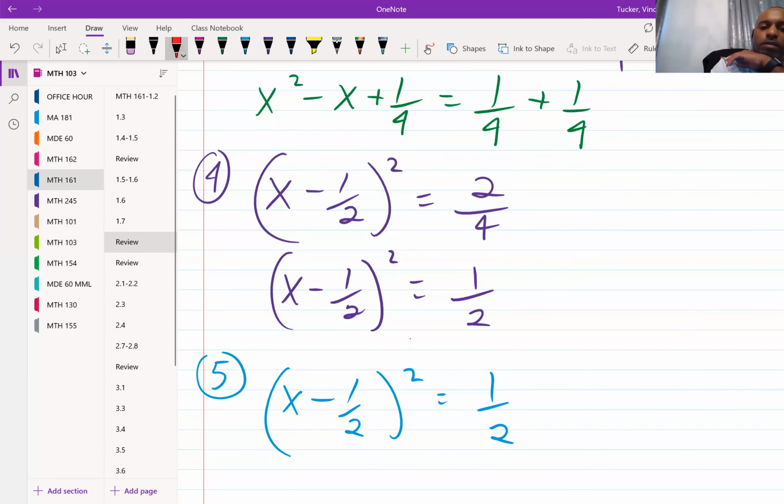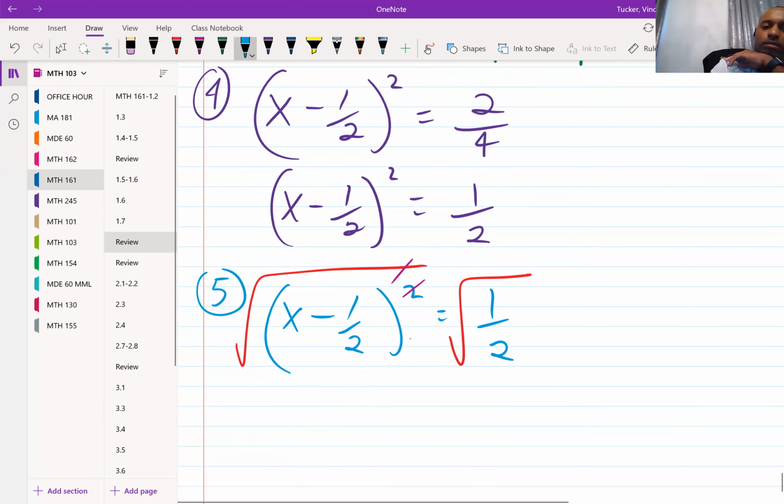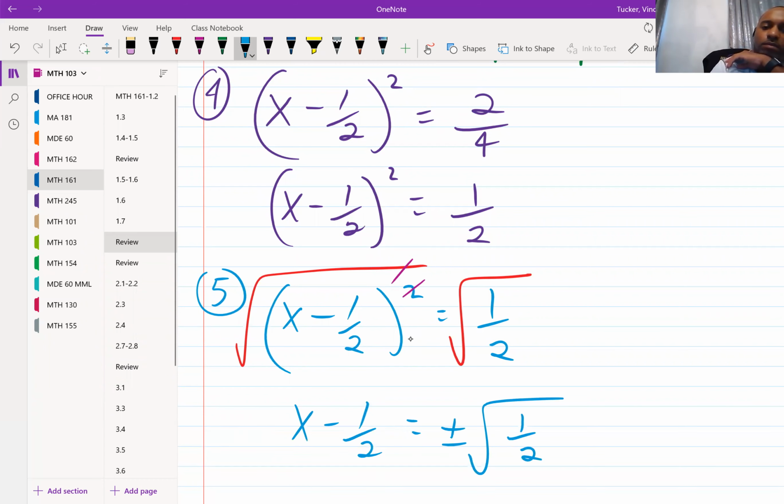All right, so now take the square root of both sides. Now when I look to simplify this, that's going to be 1 over the square root of 2.